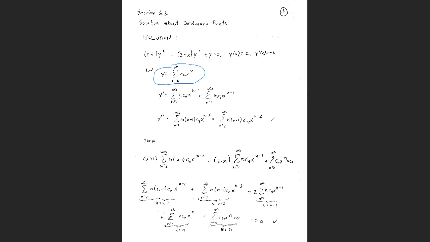Y prime is going to then equal the power series starting at n equals 1 to infinity of n times c n times x to the n minus 1. And the second derivative will equal the power series going from n equals 2 to infinity of n times n minus 1 times c n times x to the n minus 2. So this is exactly the same as in the last problem: the power series for y, y prime, and y double prime.